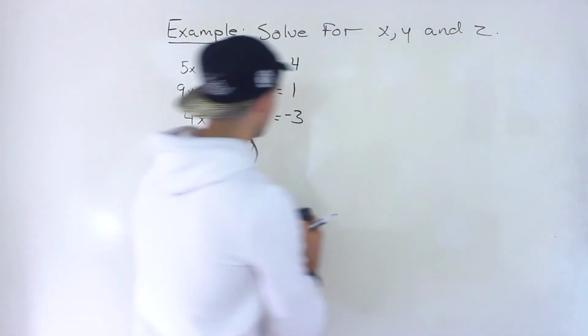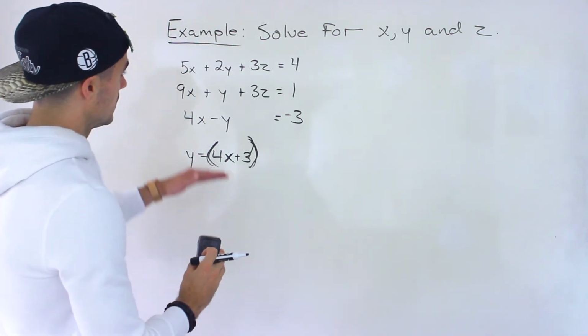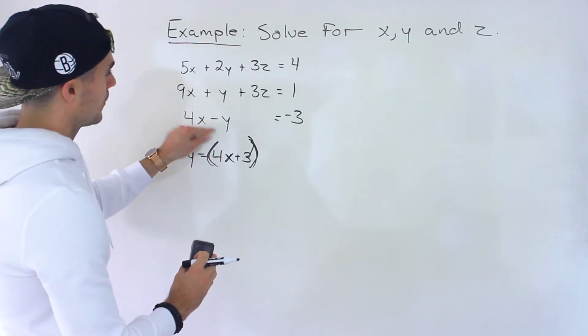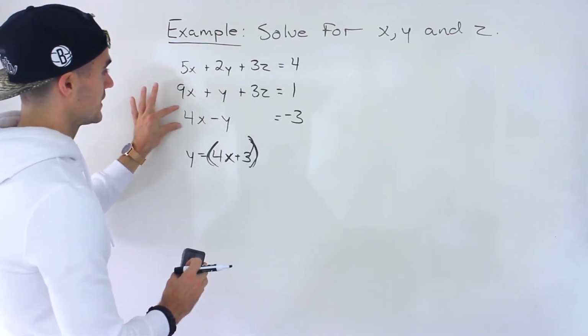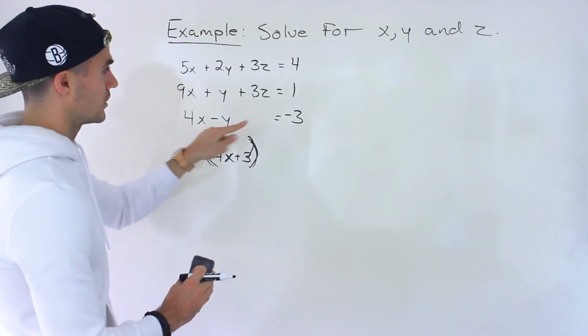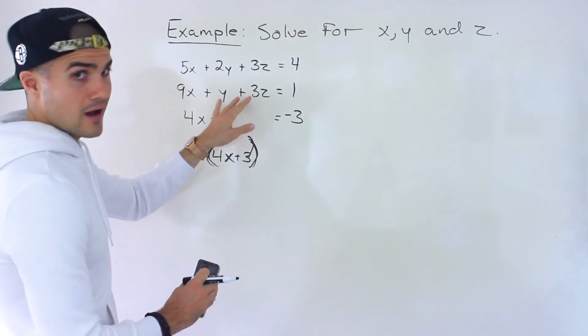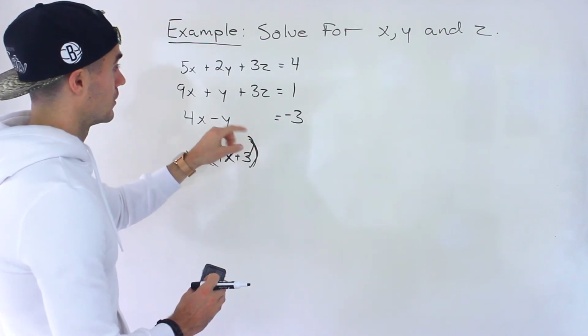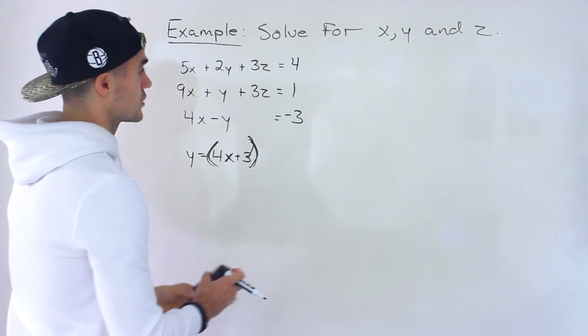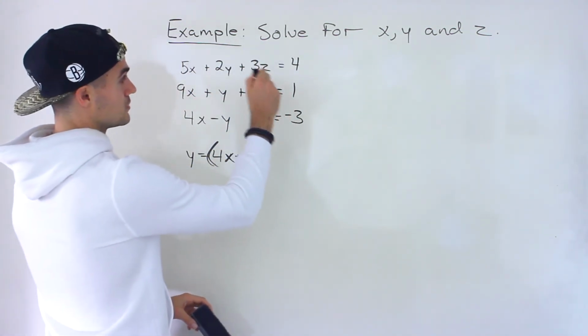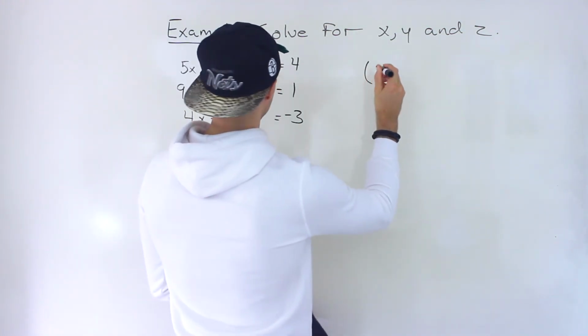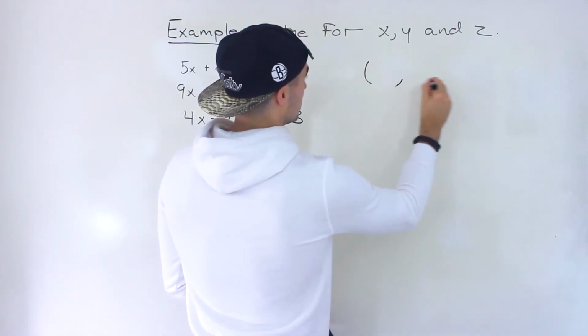The algebra is going to be more complex, because what was nice with x and y is that we had an easy equation to play with, with fewer terms. But if we're going to make everything in terms of z, we have to use these over here. You could do this in steps.